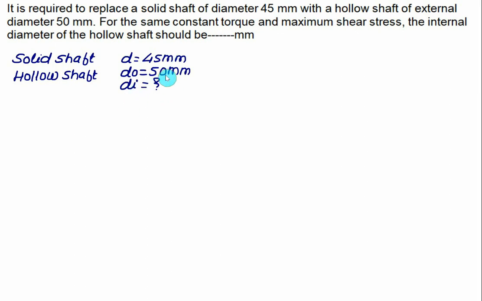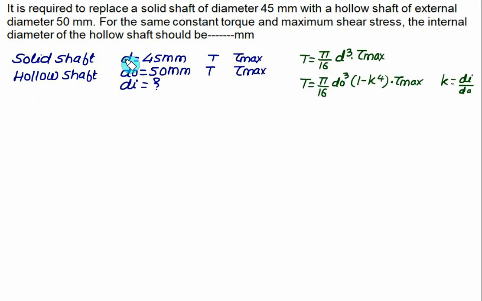For both shafts our torque remains the same, even the value of tau max also remains the same. So there is no change in the shear stress and the torque. So we'll compare here the solid shaft torque and the hollow shaft torque. In the case of the solid shaft, the torque is given as pi by 16 d cube into tau max, and for the hollow shaft it is given as pi by 16 do cube into 1 minus k to the power 4 multiplied by tau max, where the value of k will be equal to di by do.